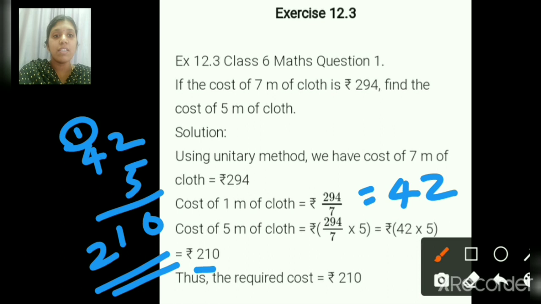This is the cost of 5 meter cloth. Clear, children? This way of finding is known as unitary method. First the cost of many will be given. We will find the cost of one by dividing. After finding the cost of one, we will find the cost of the required quantity by multiplying. Clear?